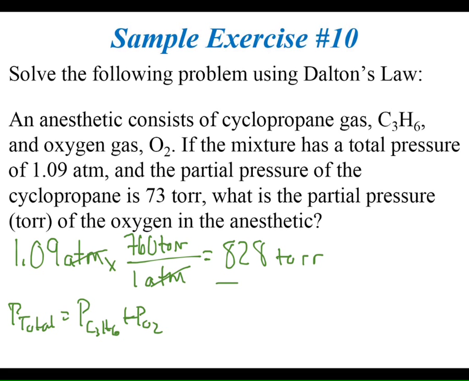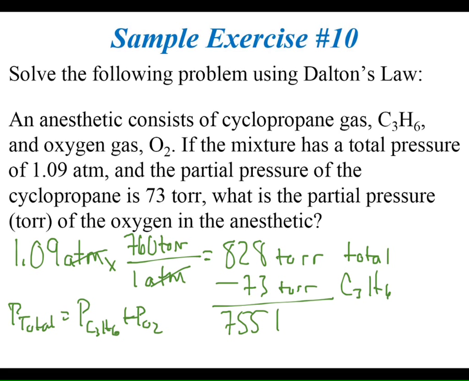So we can just subtract the 73 from the total, the C3H6, and that'll leave me, what'd you get, 755? 755. So that's how much oxygen you would need to mix in there, so you don't have too much or too little of the anesthetic.